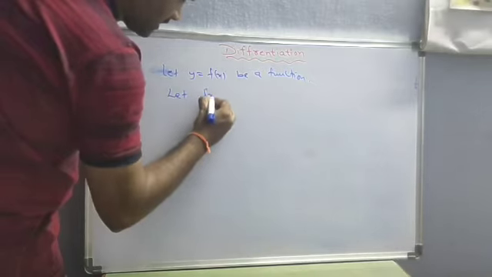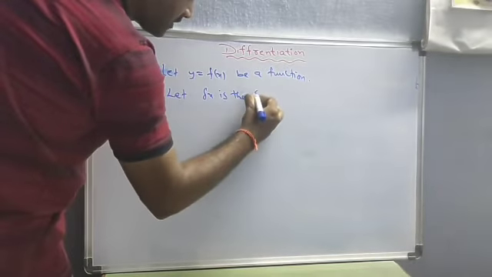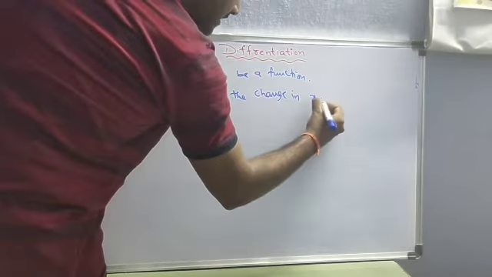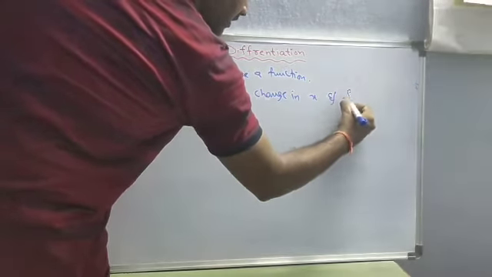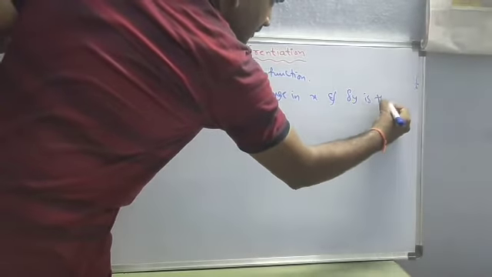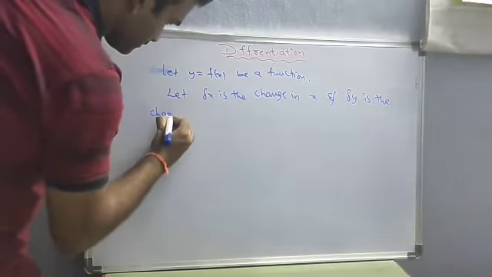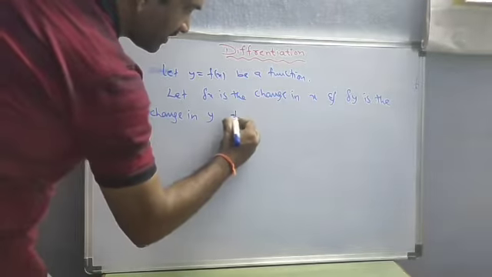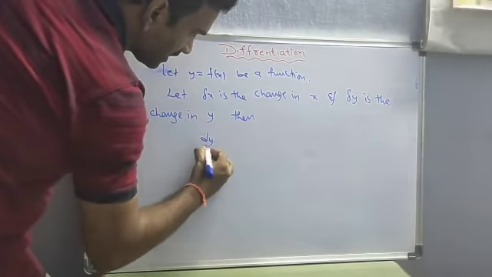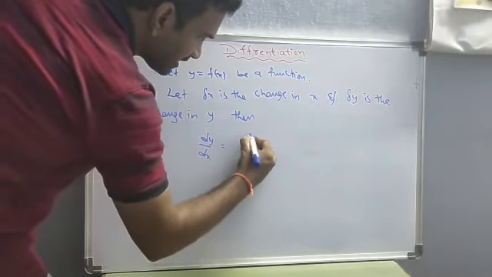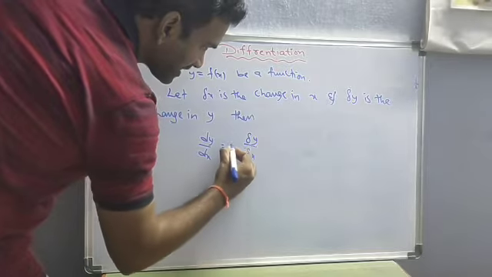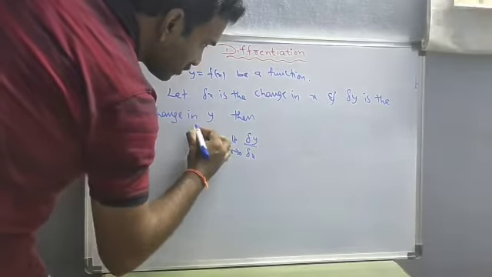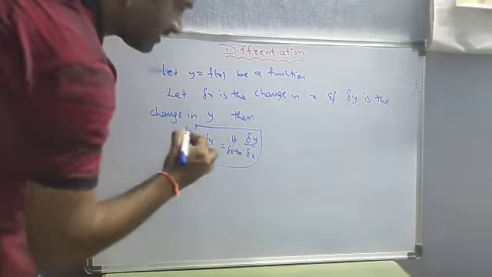Let delta x be the change in x and delta y be the change in y, then dy by dx is delta y by delta x, limit delta x tends to 0. We can define it like this also.